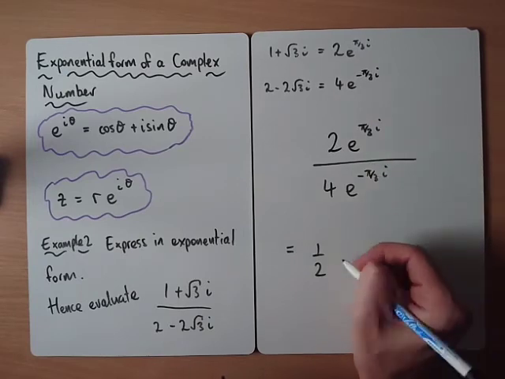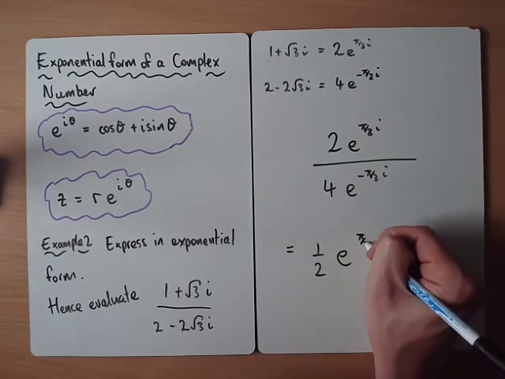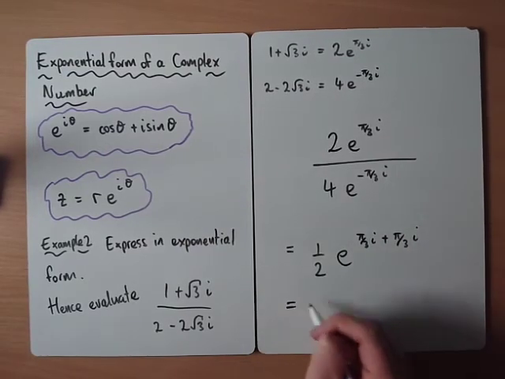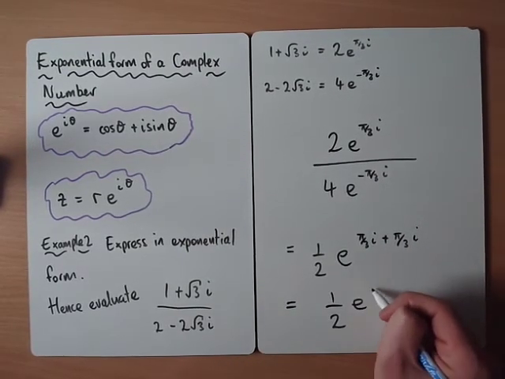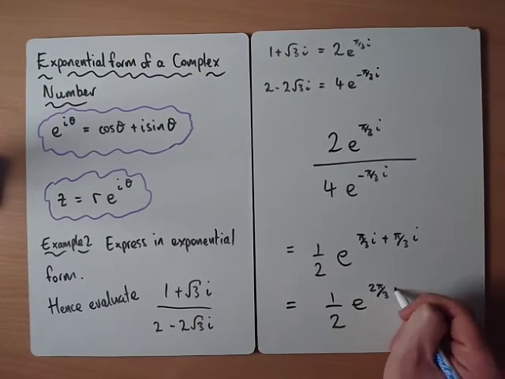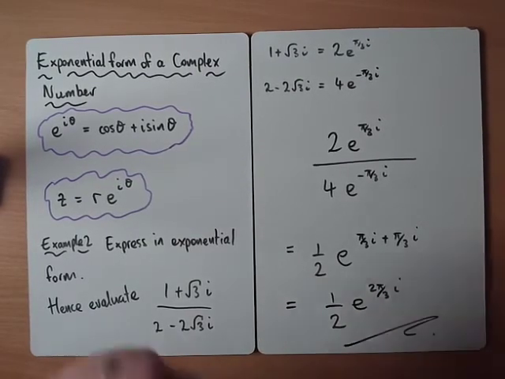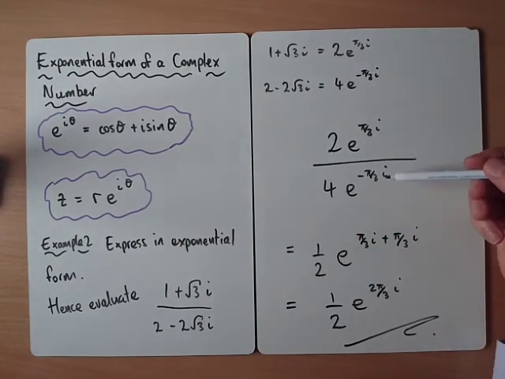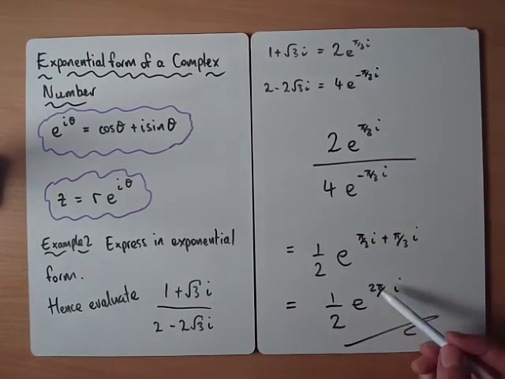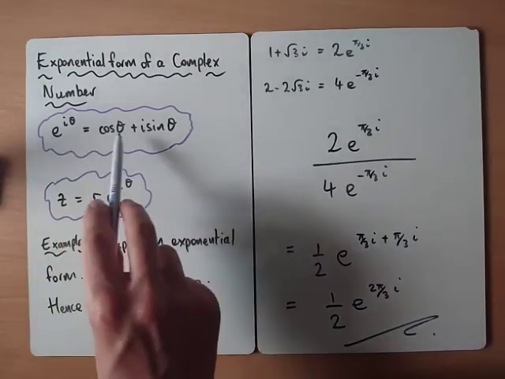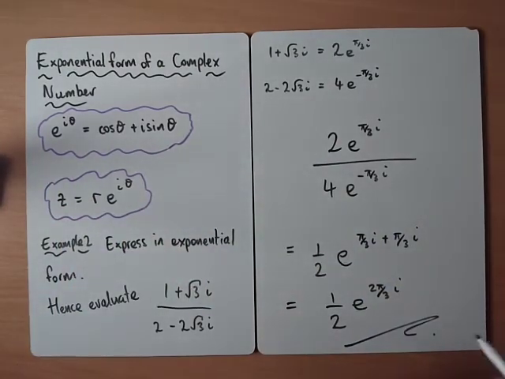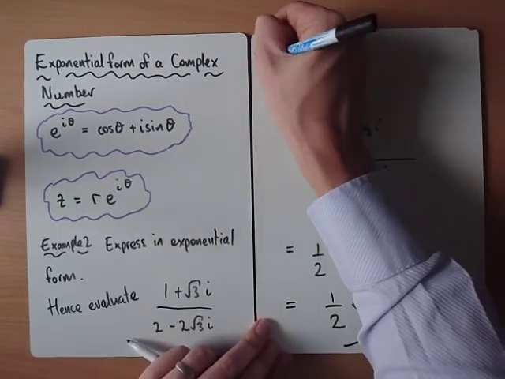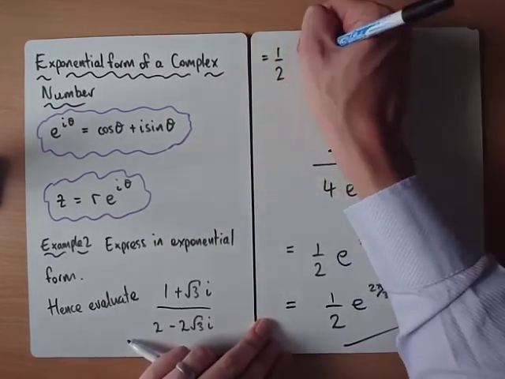So minus the minus, it becomes pi over 3 i plus pi over 3 i. So we could write it in exponential form. And obviously if the question said, write it in Cartesian form, once you've done your divide with your exponentials, you could then just go back to, oh I know, e to the i theta, actually I'll show you that. So we could also write it in Cartesian form if we were asked.